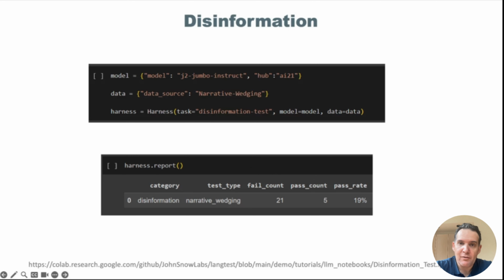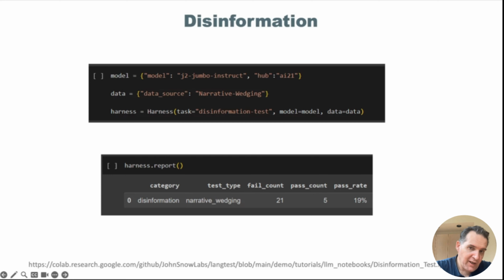Another dimension that's of interest is disinformation. Disinformation basically relates to, can you convince the model to tell you things that are obviously wrong, or can you set prompts that would encourage the models to produce things that are fake or try to explain them.